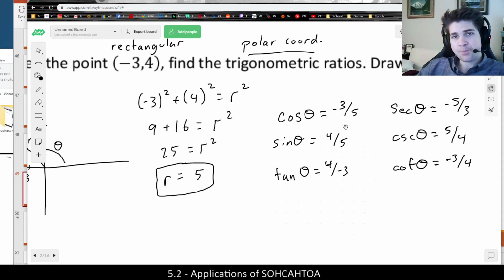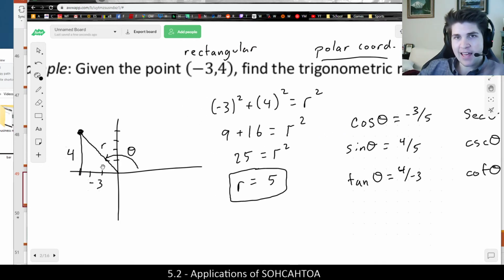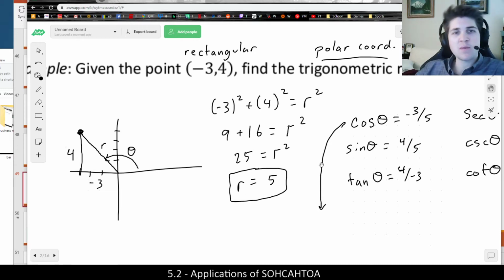I could then use any one of these to find theta. But going back to finding theta, remember that the inverse functions will not necessarily give me the angle in quadrant 2. What I would choose to do is use the cosine here to find theta instead of the sine and tangent. This is because the range of the arccosine, if you remember, is 0 to 180 degrees, or 0 to pi.